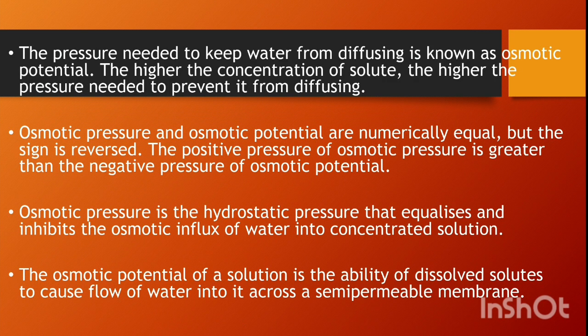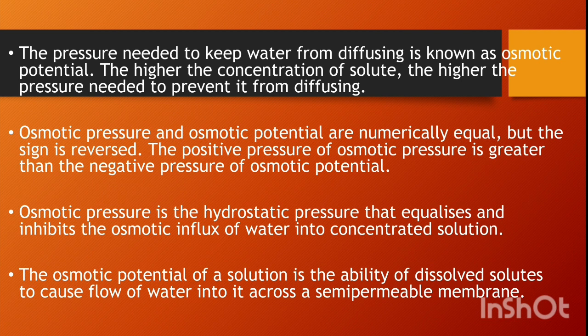The pressure needed to keep water from diffusing is known as osmotic potential. The higher the concentration of solute, the higher the pressure needed to prevent it from diffusing. Osmotic pressure and osmotic potential are numerically equal, but the sign is reversed.